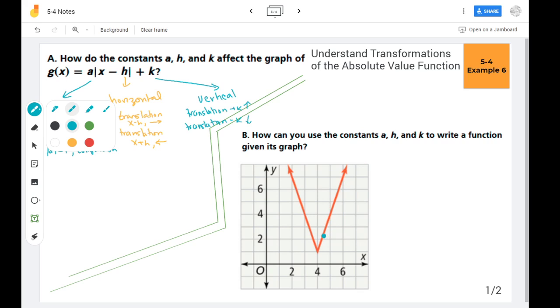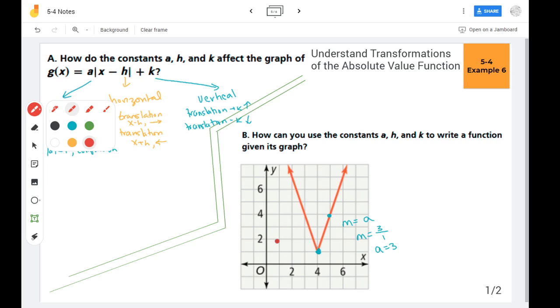And that's just going to be the slope of this right-hand line here. So my slope, right? Okay, my slope is rise over run. So this is rising by 3 and running by 1. Alright, so my a value is going to be 3 over 1, which is 3.